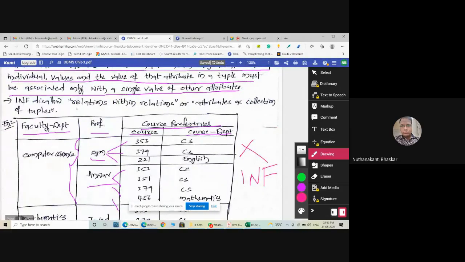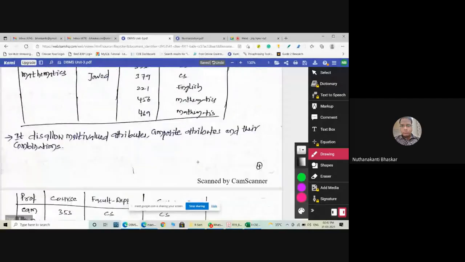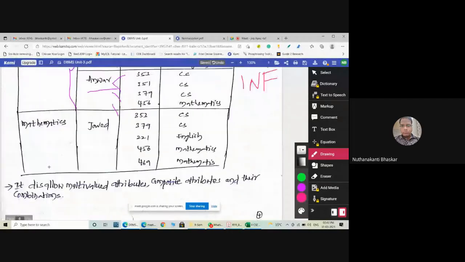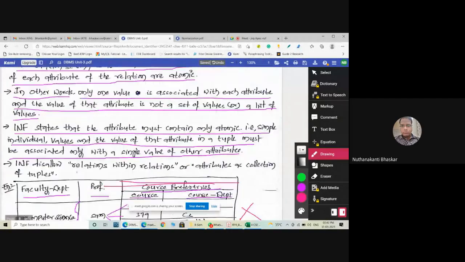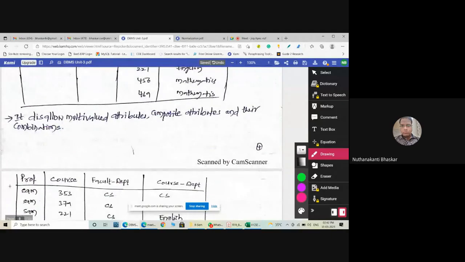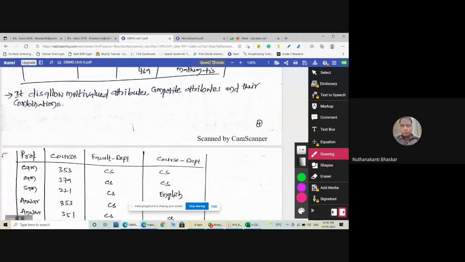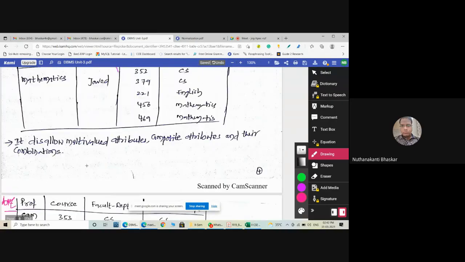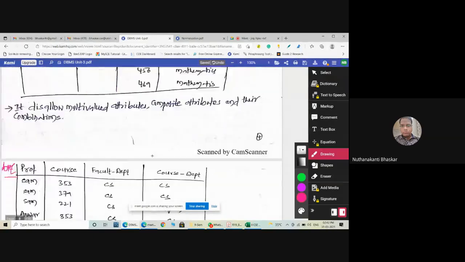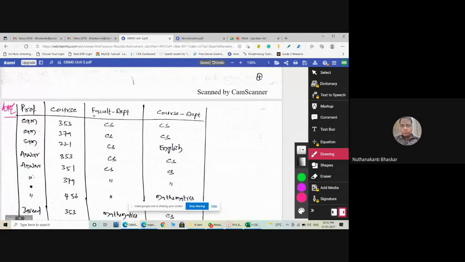Simple. You need to take all the individual attributes, that is faculty, department, professor name, course, and course department. Faculty, professor, department, course.